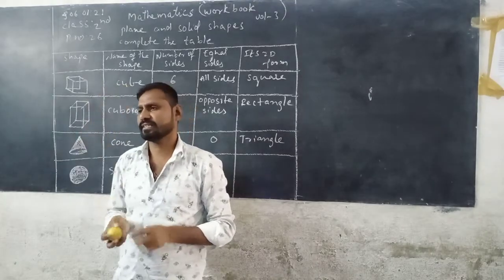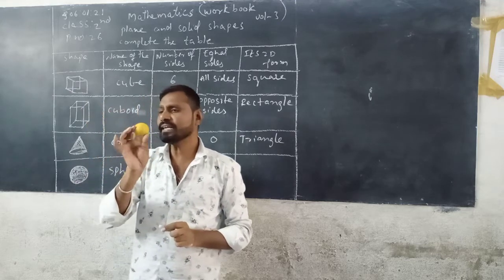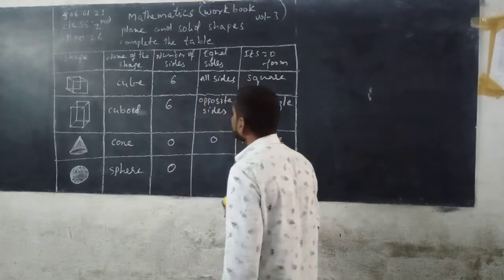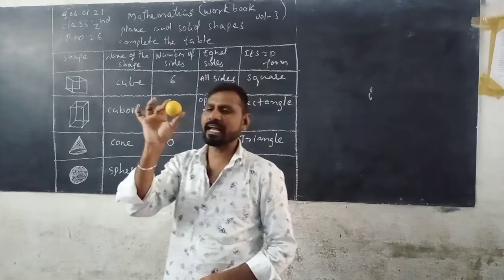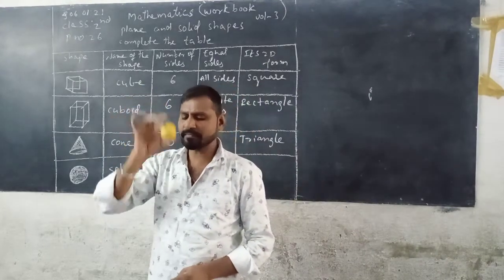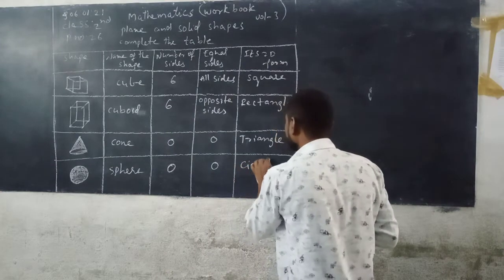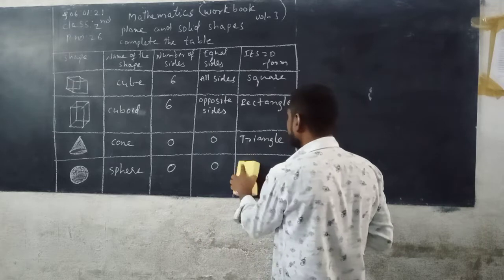No sides. This has only a curved surface. Then number of sides? No. Next, equal sides? No. So sphere is a 3D shape, and the 3D shape becomes a 2D shape: circle. It's a 2D shape. Circle, C-I-R-C-L-E.